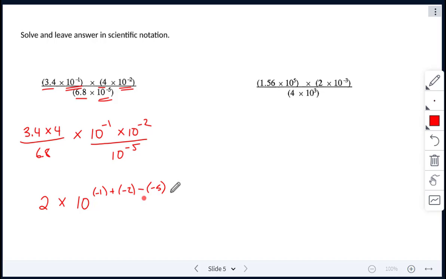All right, so it's important that you are putting your exponents, adding them and subtracting them correctly. So again, here they're being multiplied, so we add the exponents, so negative 1 plus negative 2, and then we're subtracting negative 5. All right, and that will give you 2 times 10 to the power of 2.